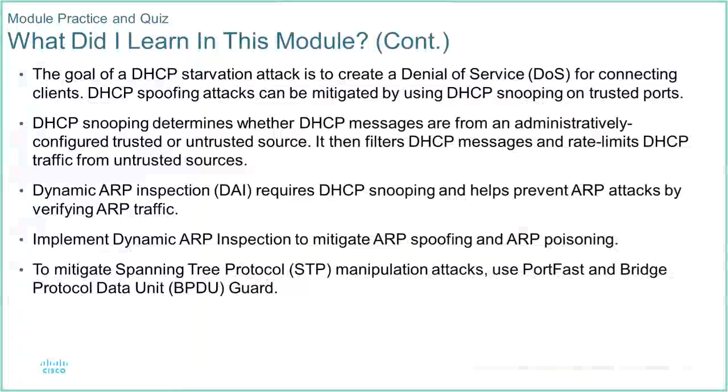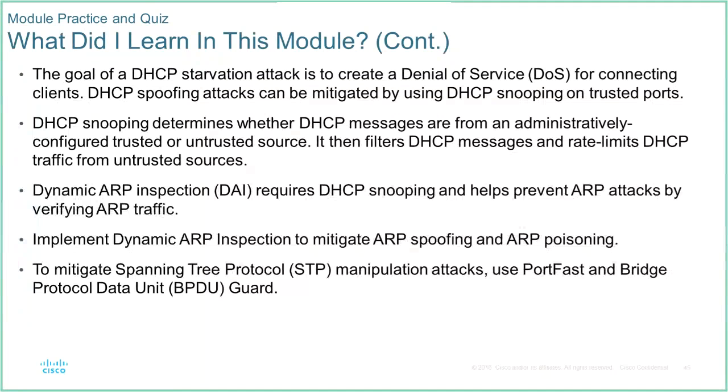So lastly, we looked at spanning tree and the fact that PortFast and bridge PDUs shouldn't come in to those access ports where we expect end devices to reside. So we looked at how we can automatically assign BPDU guard status to any port that has PortFast mode enabled.